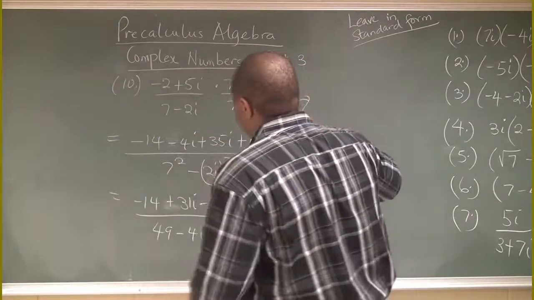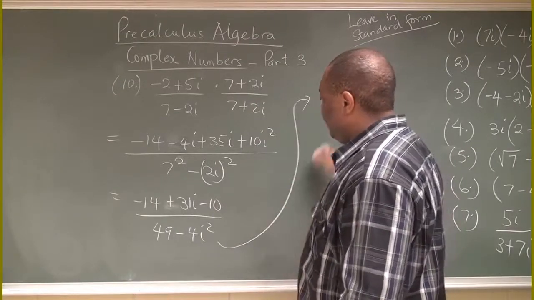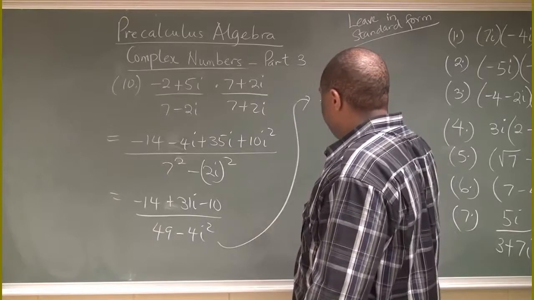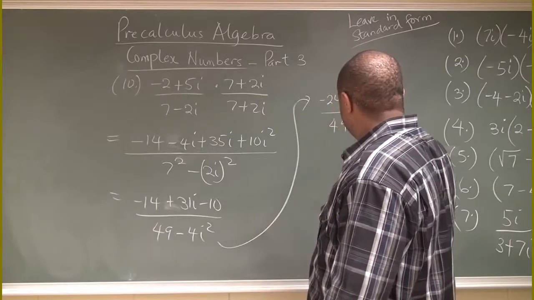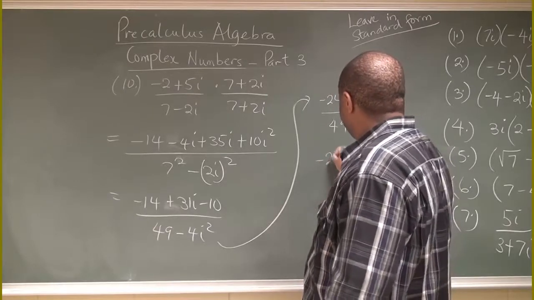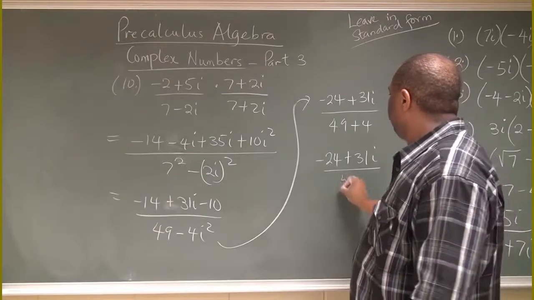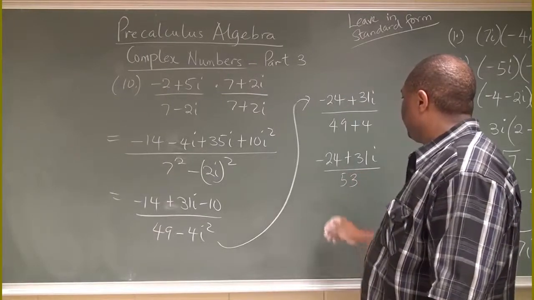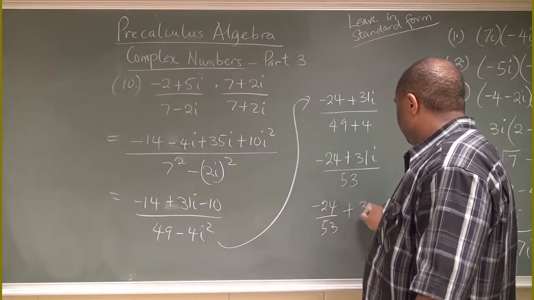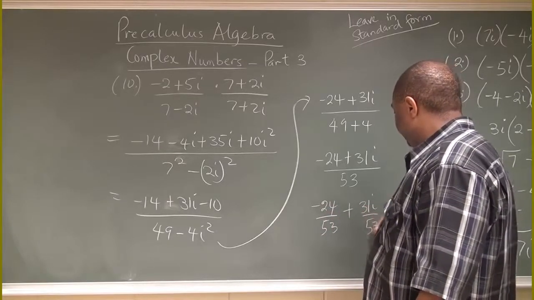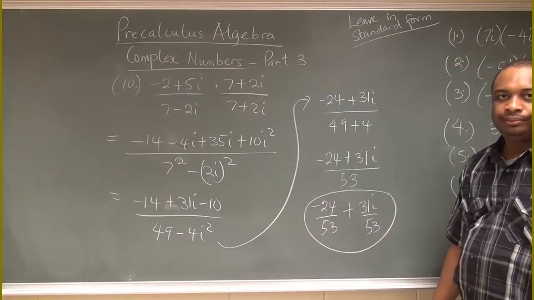This will now give us negative 14 minus 10, which is negative 24 plus 31i all over 49 plus 4, which is negative 24 plus 31i all over 53. Which is negative 24 over 53 plus 31i over 53. And that becomes your answer.